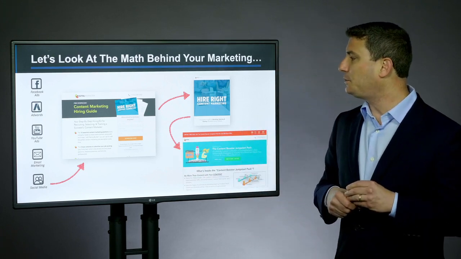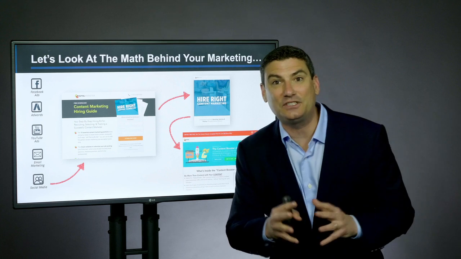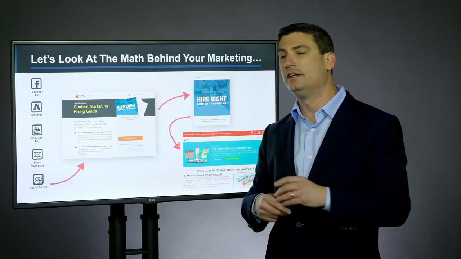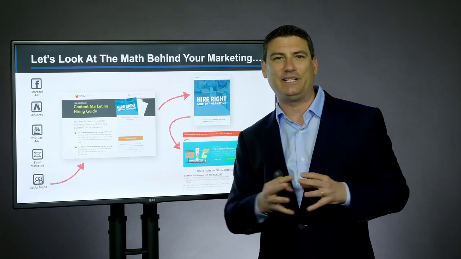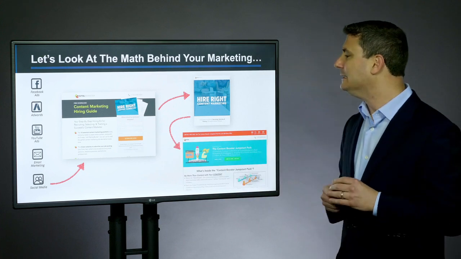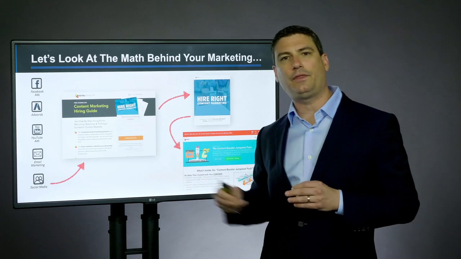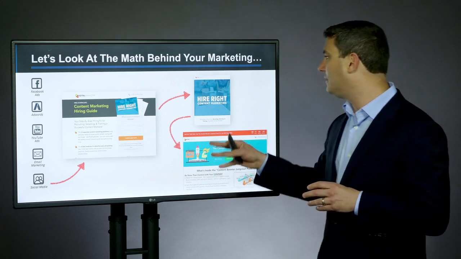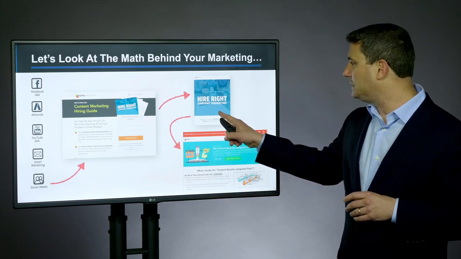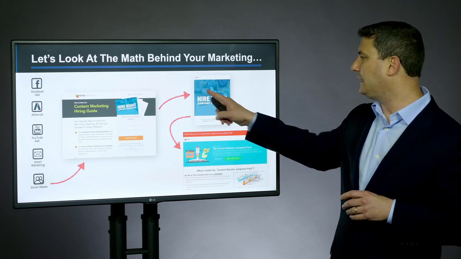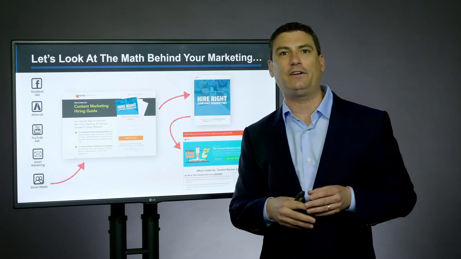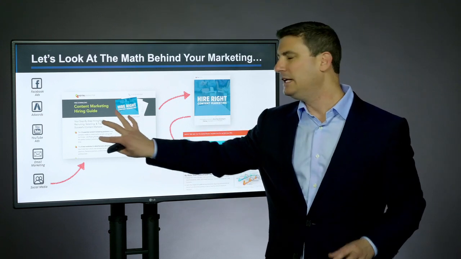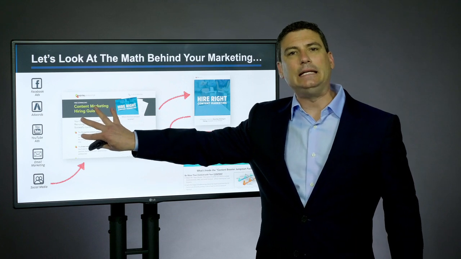This particular squeeze page is asking you to opt in, give us your contact information to receive the Content Marketer's Hiring Guide, which is how to hire a content marketer. If they put their email address and name in there, we're going to deliver the lead magnet, which is on the right. You can see it kicking across there. We're going to deliver them that value in exchange for the contact information. That is lead acquisition.